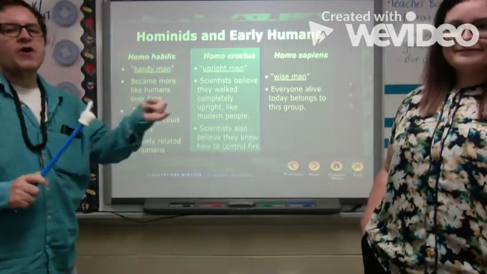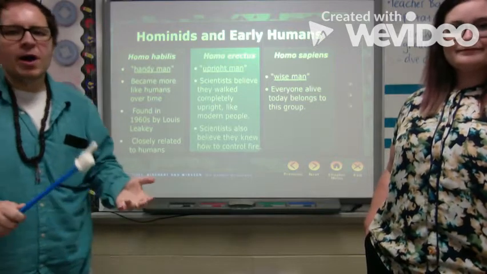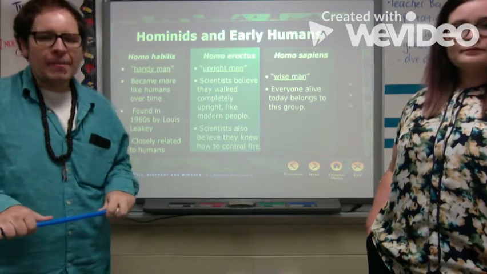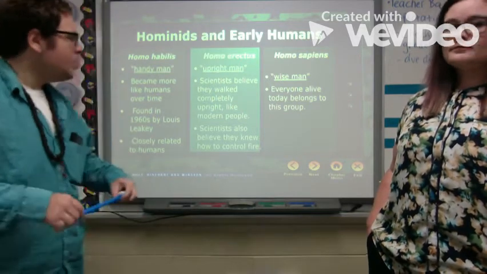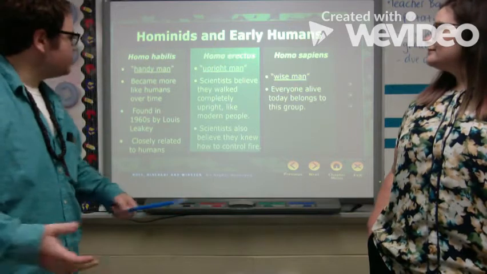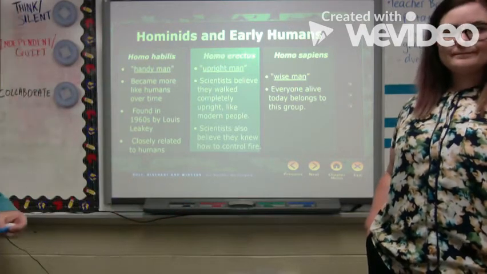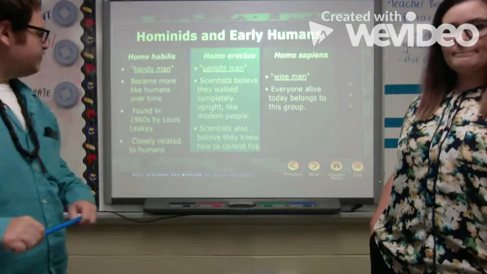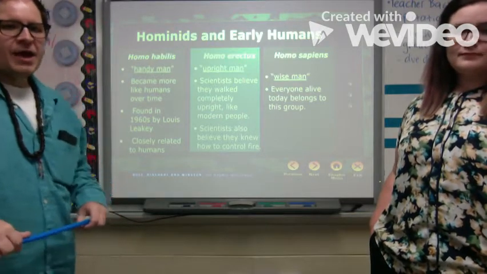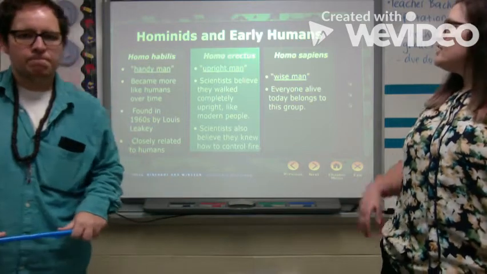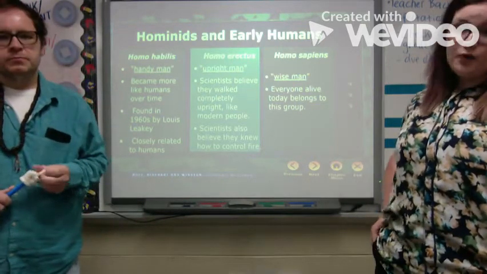We start with Homo habilis, and each one has their own sort of nickname and quotes that you're going to write in. For Homo habilis, think of handyman. So when you think of a handyman or Homo habilis, think of how they became more like humans over time. Think about how they were found in the 1960s by, again, Louis Leakey, and they are very closely related to humans.